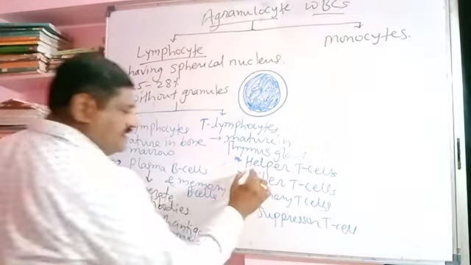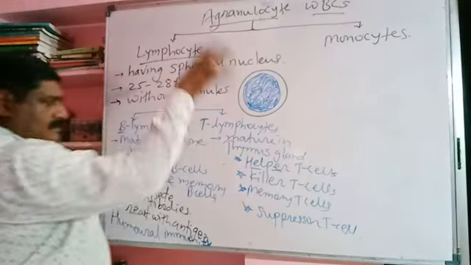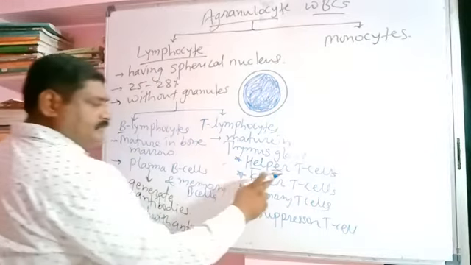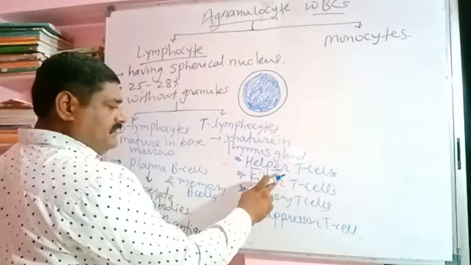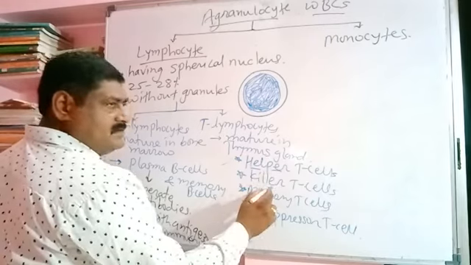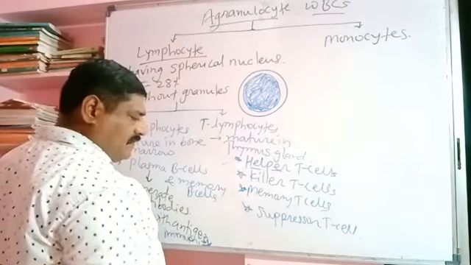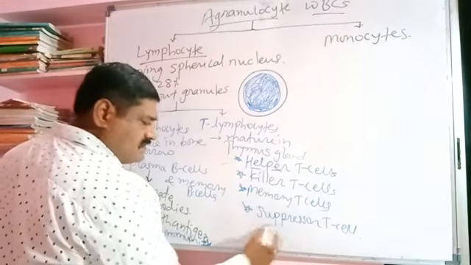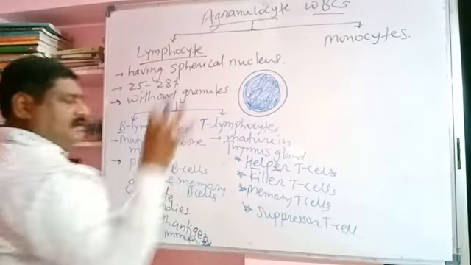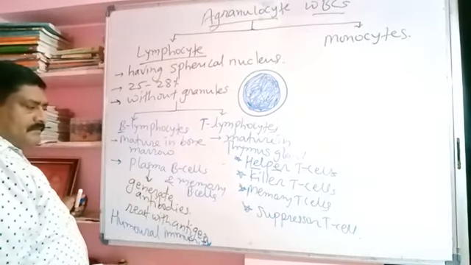As the name indicates, helper cells help the other components of the immune system in defending against the pathogen. Killer T cells attack and destroy the foreign body. Suppressors suppress the functions of all WBC.